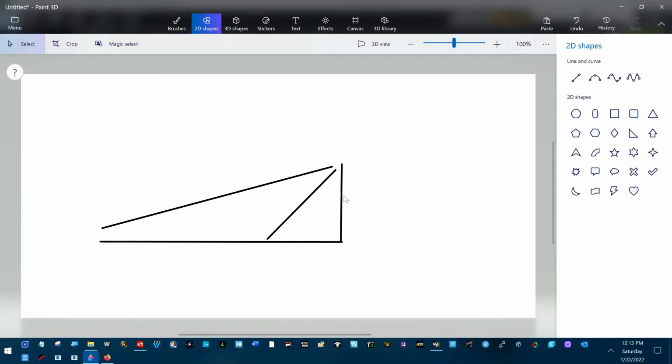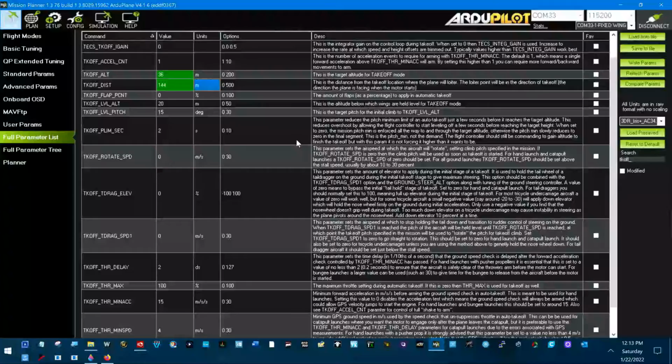It is lower in altitude by somewhat, and it's also closer in distance. I would like that to be a little closer, but that keeps the climb ratio the same. So that's some changes I made, and I think that's going to work out much better.